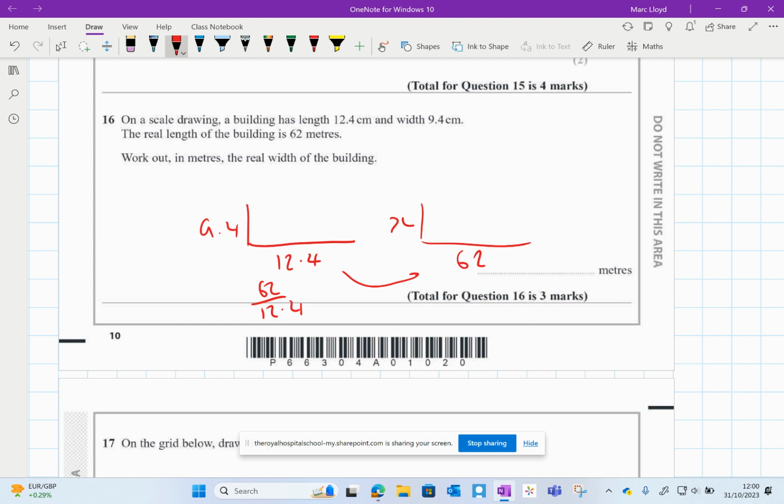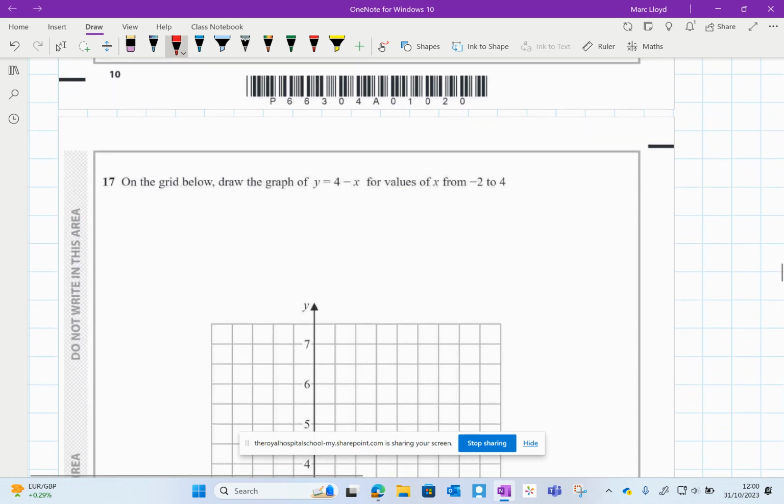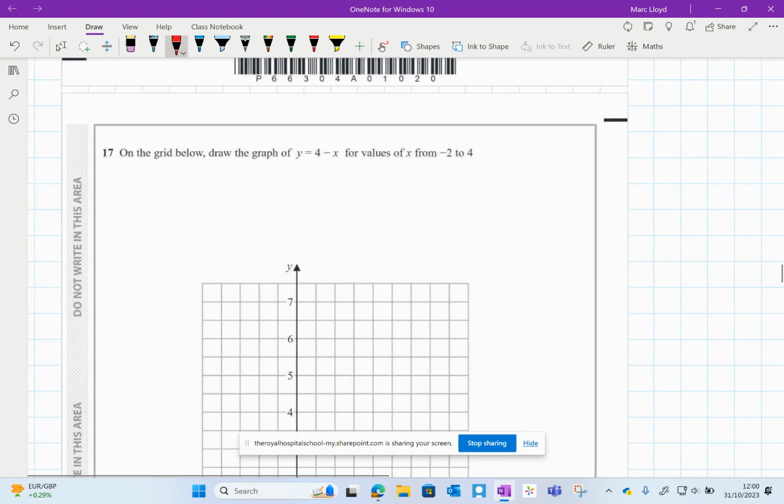So 62 divided by 12.4 is 5. That's very nice. So 9.4 times by 5 is 47. And that's our answer.